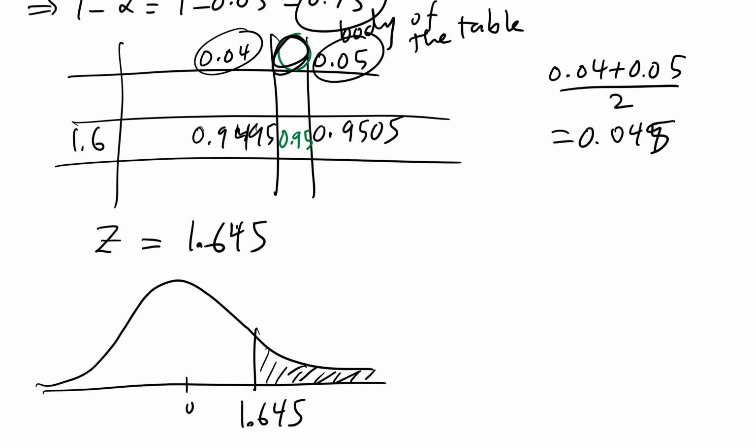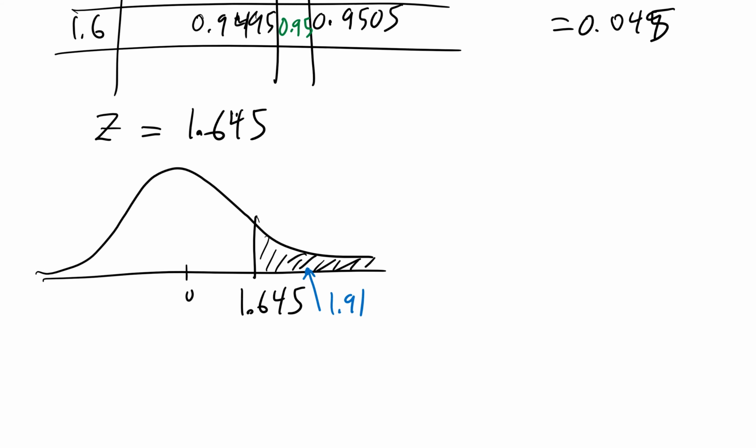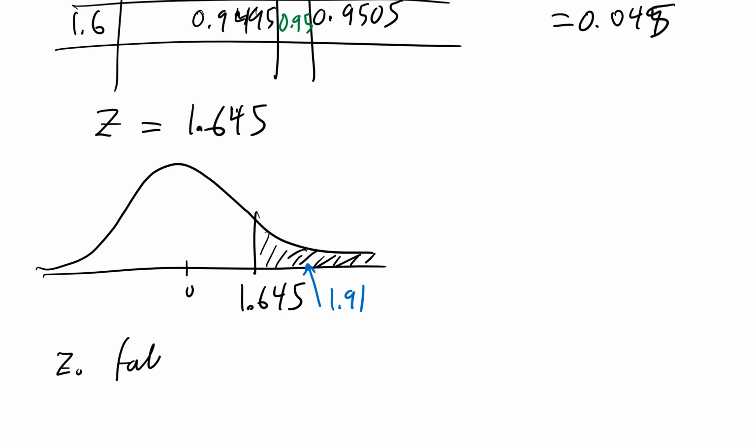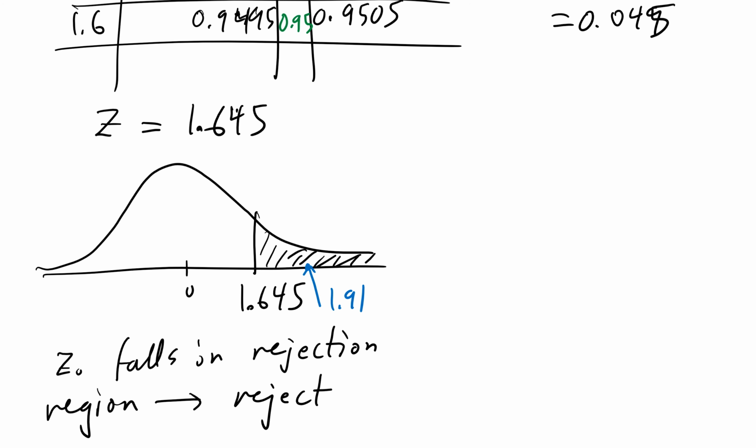Now the Z0 we found was 1.9 something, let's say somewhere here, 1.91. Notice how Z0 falls in the rejection region. So we reject the null hypothesis.